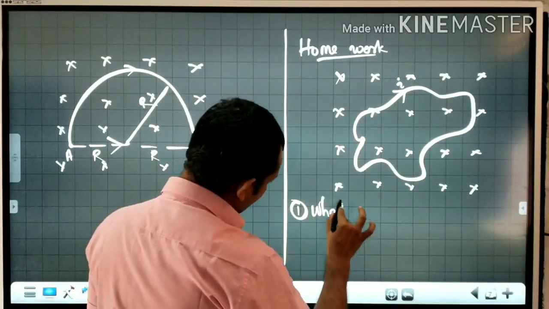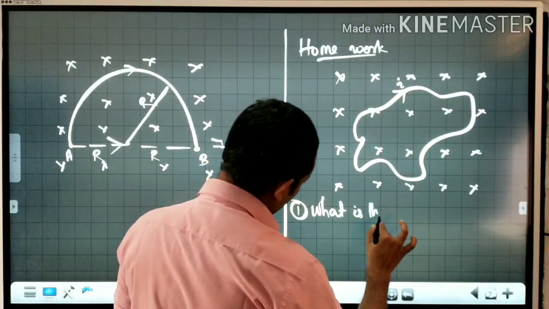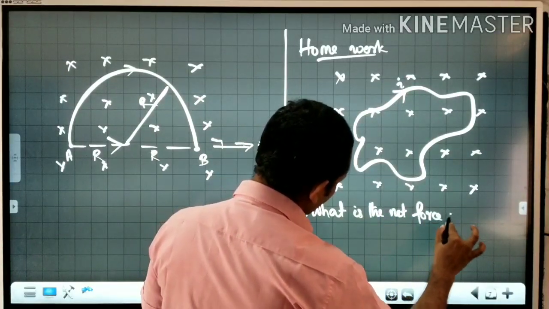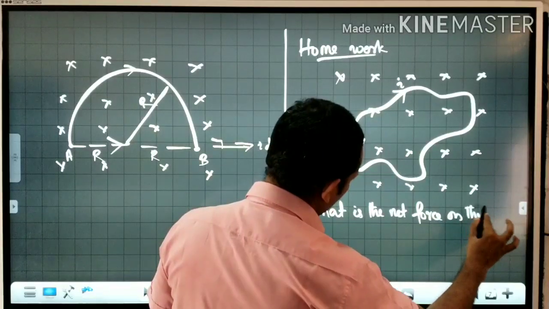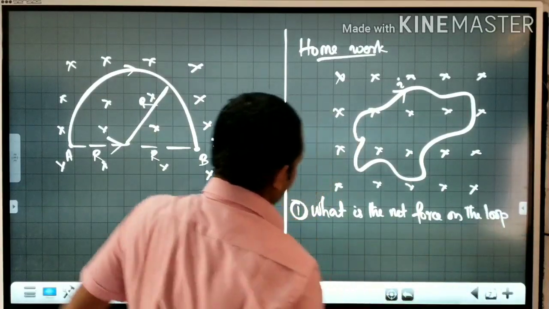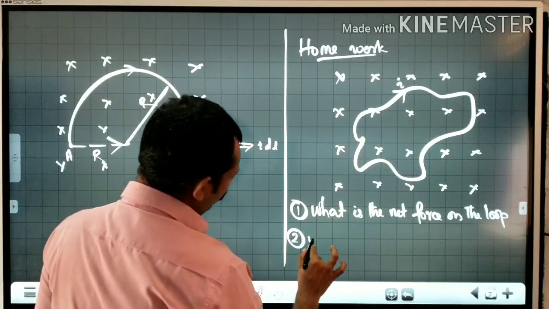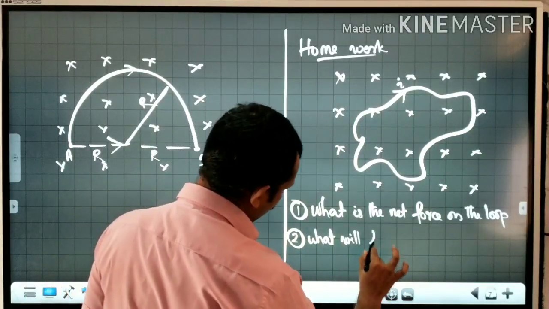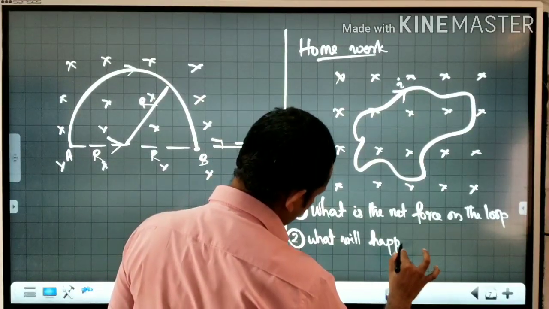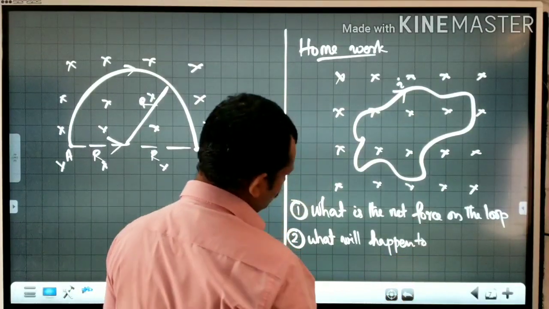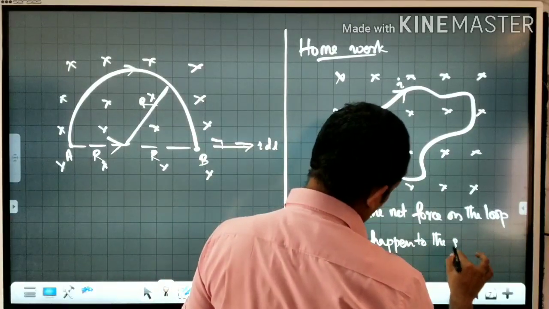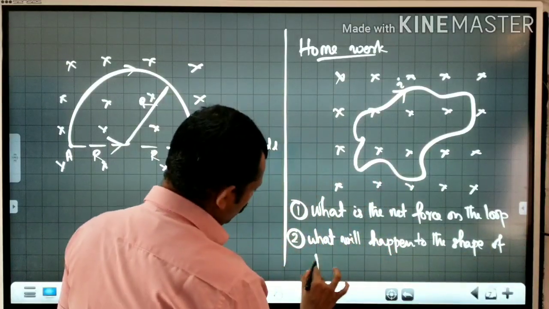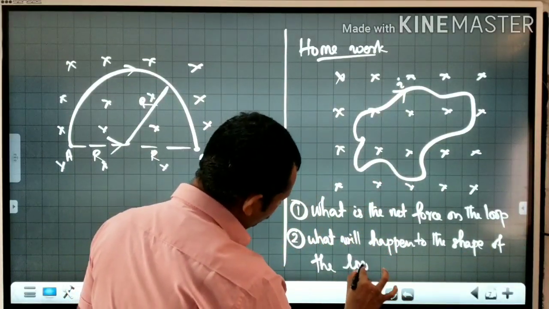What is the net force on the loop? 2. What will happen to the shape of the loop?